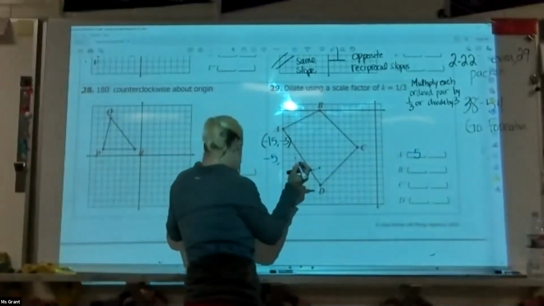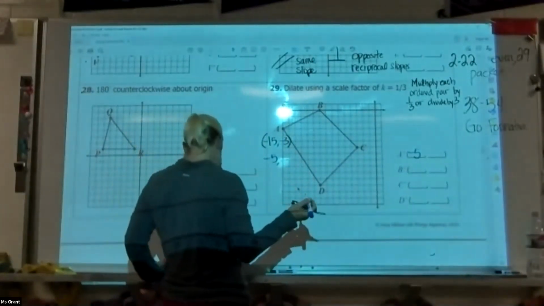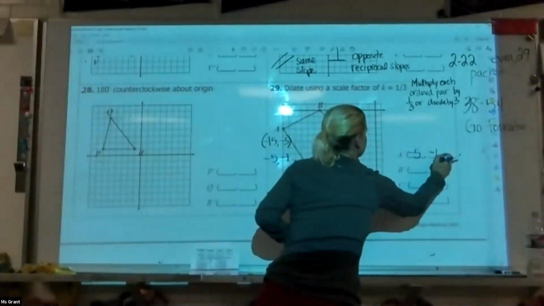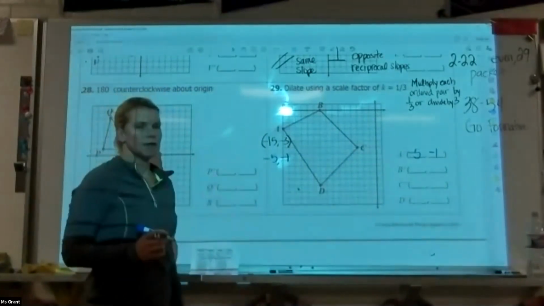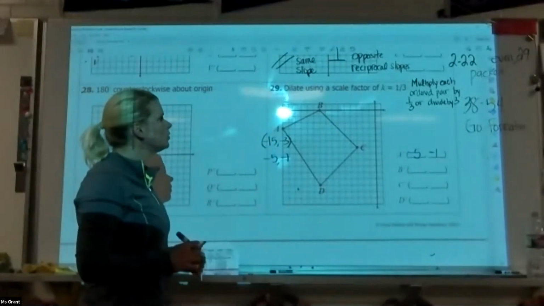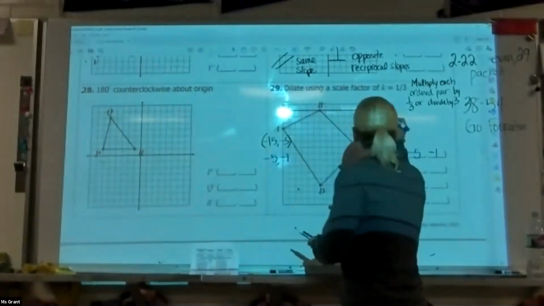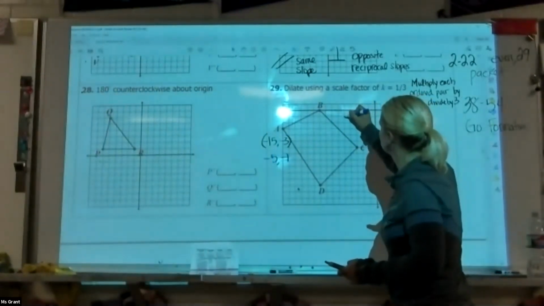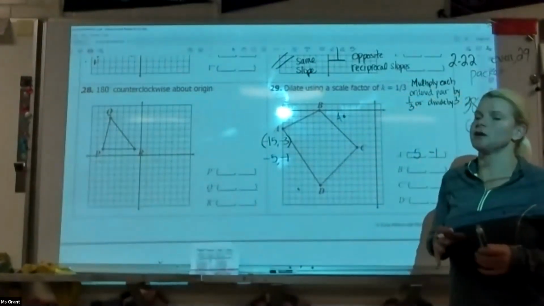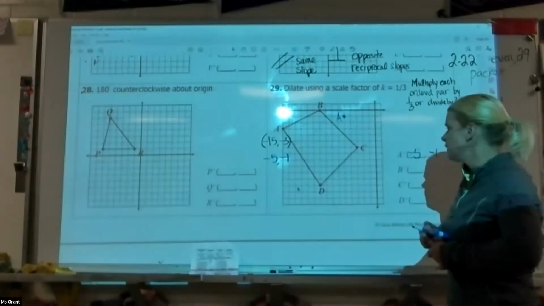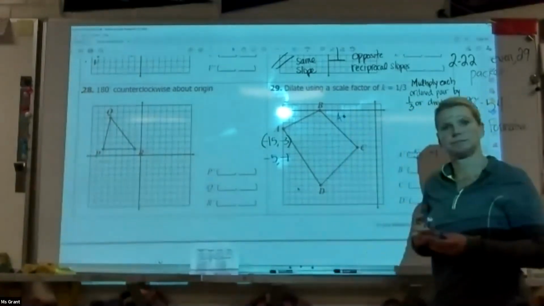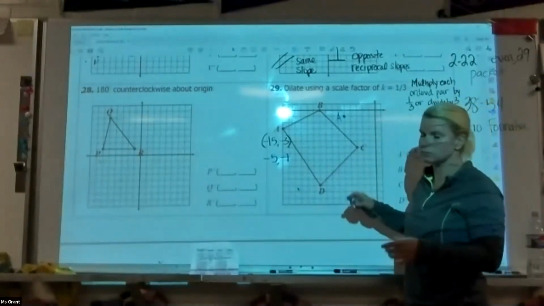What's -3 divided by 3? -1. So you go through each ordered pair, and the new shape is going to be like over here. This would be my new A. If you drew it, it would be a much smaller shape, shrunken down, closer to the origin.